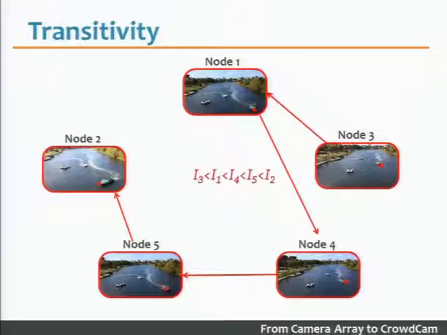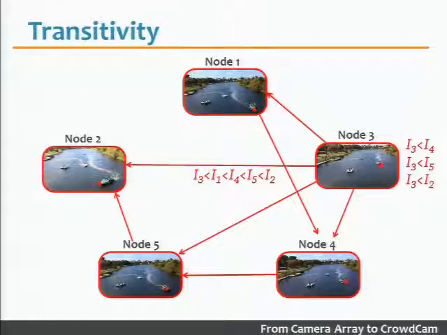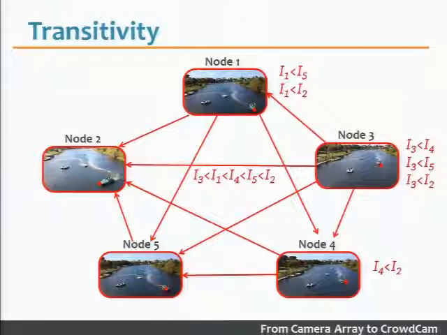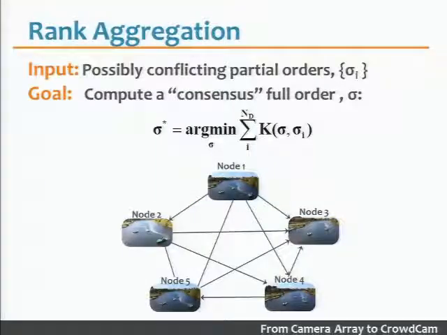We can also infer edges between pairs using transitivity. For example, here I can add these edges, and these, and this. So now what is the problem? Given this representation, I have possibly conflicting partial orders, and what I want to do is compute the most consensus order using this information.